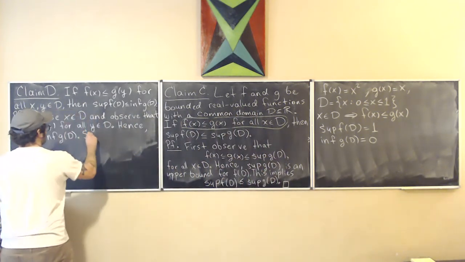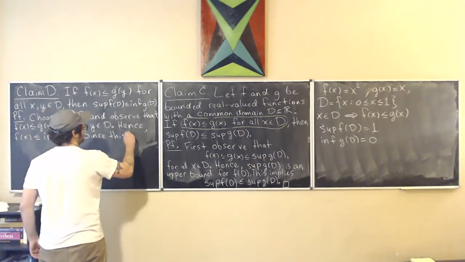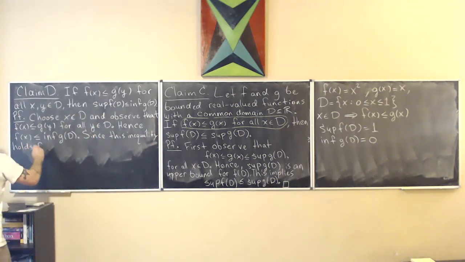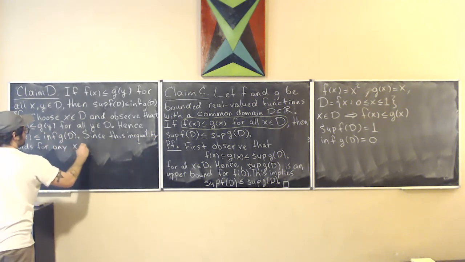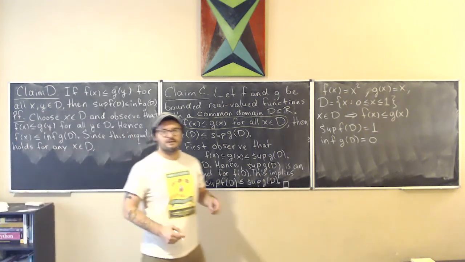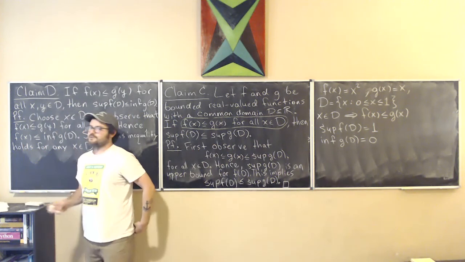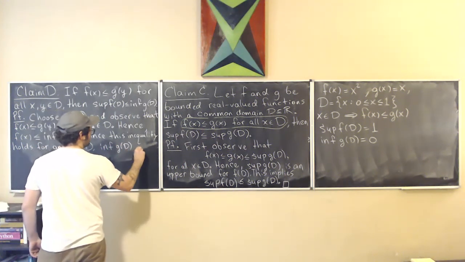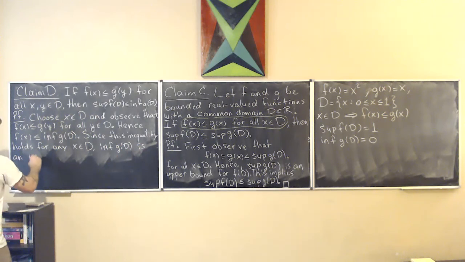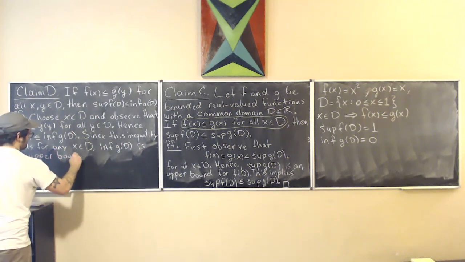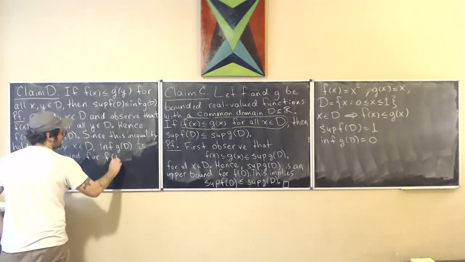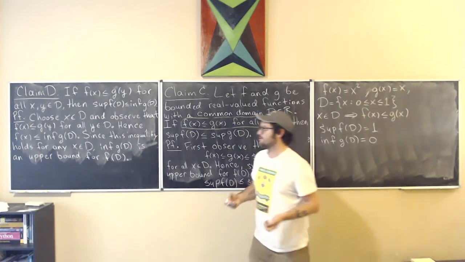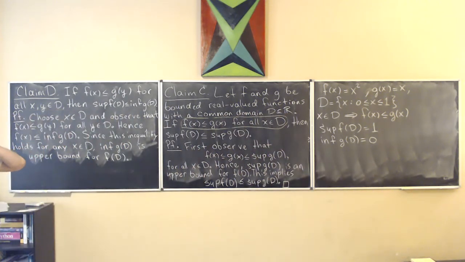So since this inequality holds for any x in D, that means that the infimum of the image of D under G is an upper bound on the image of D under F. So the infimum of G on D is an upper bound for the image of D under F. Since the supremum of F on D is the least upper bound, we have that the supremum is at most the infimum here.